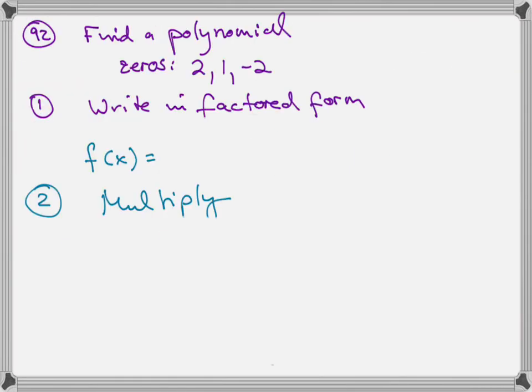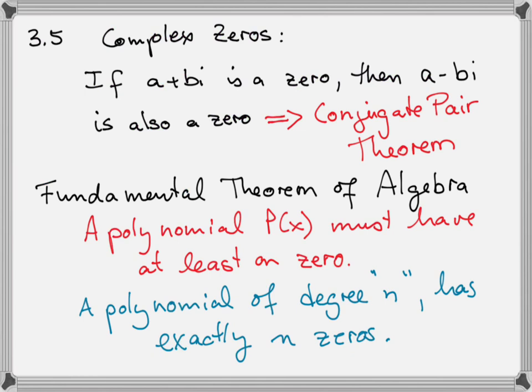Now, the conjugate pair theorem, we talked about that already as well. If a plus bi is a 0, then a minus bi is a 0 too. A polynomial of degree n must have n zeros. And Mr. Gauss was responsible for the fundamental theorem of algebra. And what does it say?